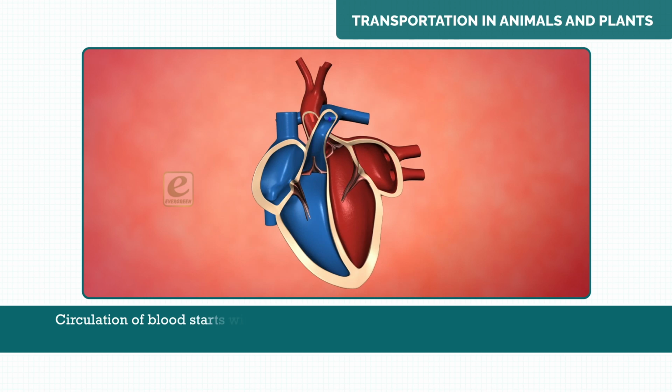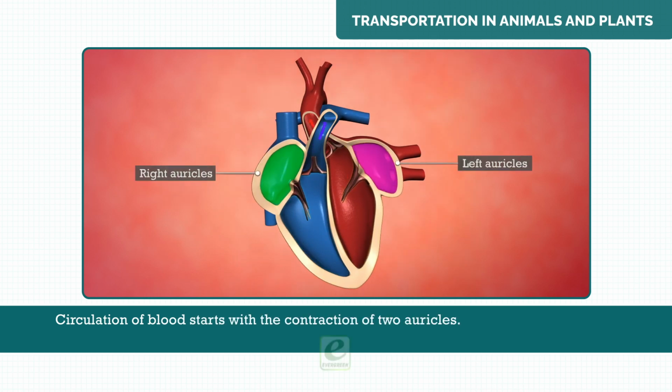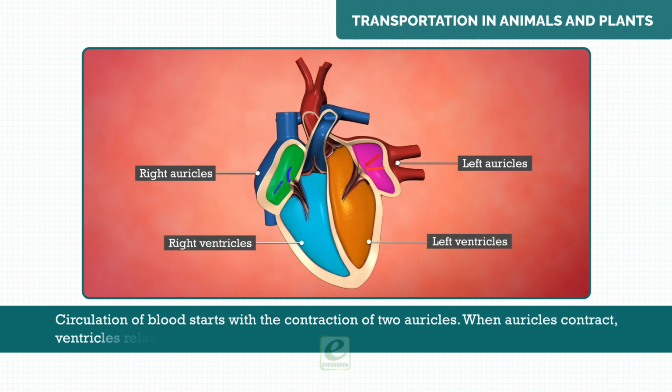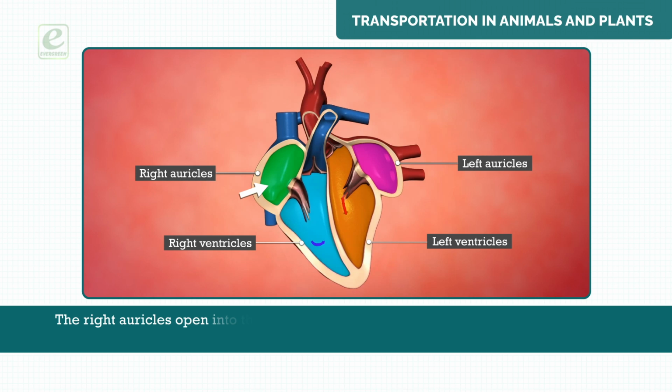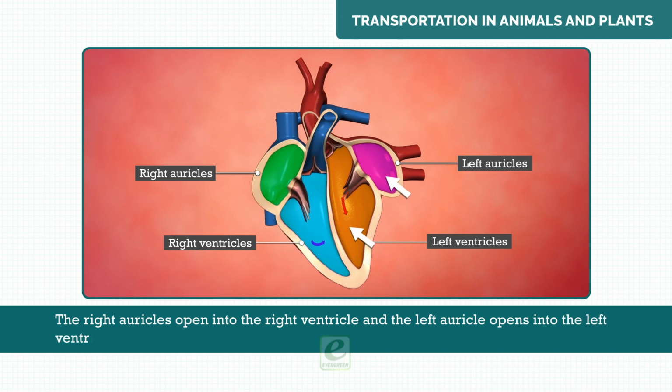Circulation of blood starts with the contraction of 2 auricles. When auricles contract, ventricles relax and the blood from auricles passes into the ventricles. The right auricle opens into the right ventricle and the left auricle opens into the left ventricle.